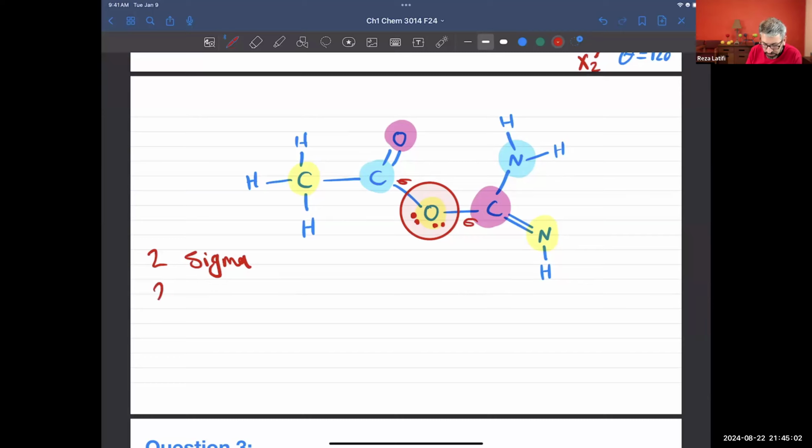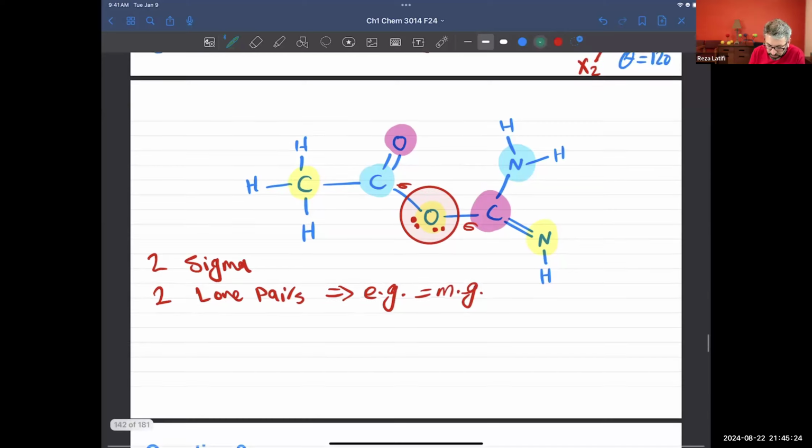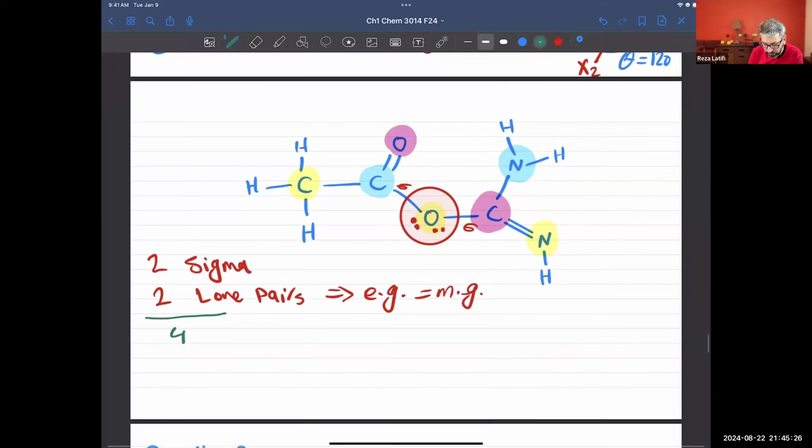And how about lone pairs? 2 lone pairs. So electron geometry will not be equal to the molecular geometry. Sigma plus lone pair, I got it equal to 4.